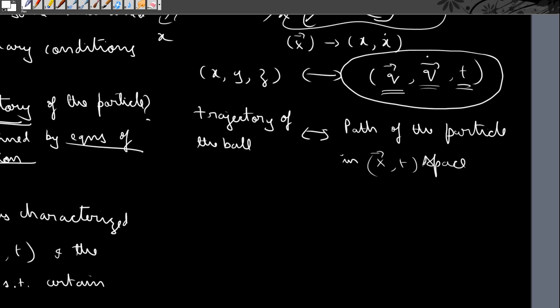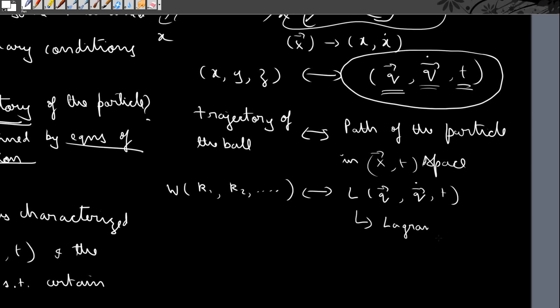Then we also had defined the weight function, which depends on some quantities k1, k2 defined earlier, and this is analogous to the function L, which depends on q, q dot and t, and this function is called the Lagrangian.